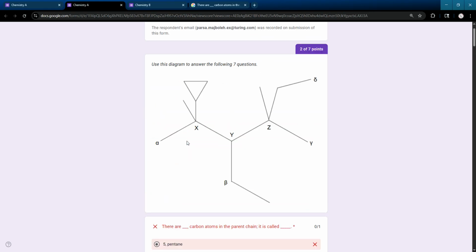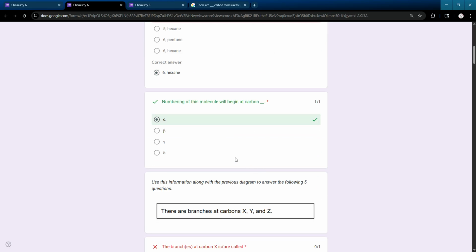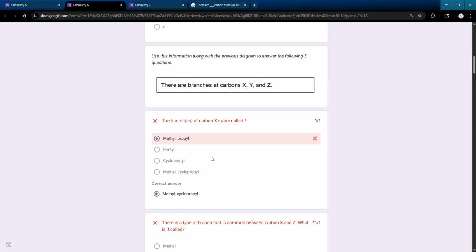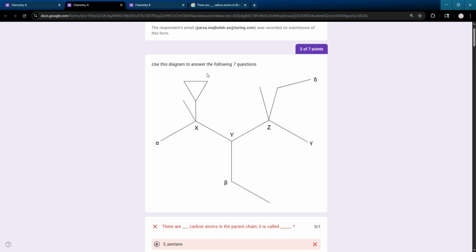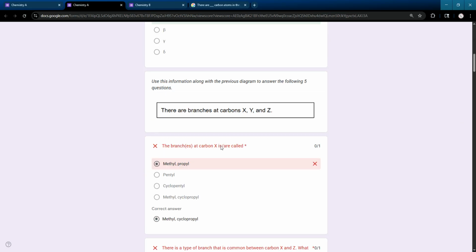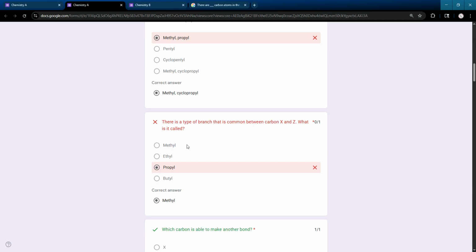So this one was correct. It starts from A2. And then this one, I did say it's methyl and something, but it was the other one, cyclopropyl, because it's cyclic. Nice.